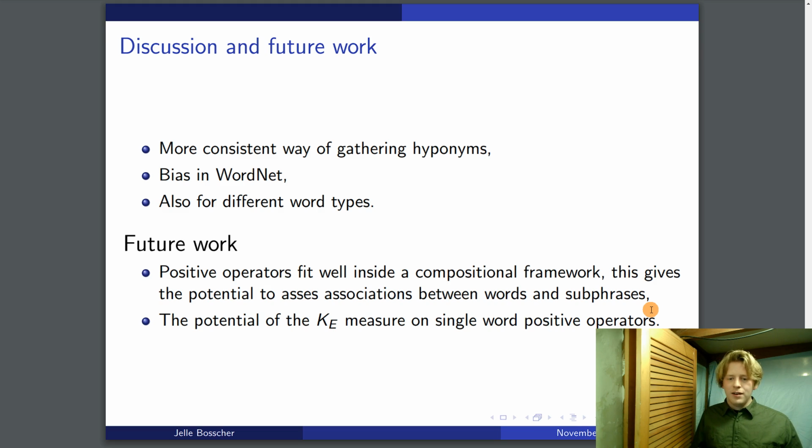And finally, and maybe the most important aspect of future research, is that, as you've seen from the results, the KE measure on single word positive operators instead of positive operators represented by the collection of hyponyms actually performs a lot better. It would be really interesting to see why exactly this is the case.